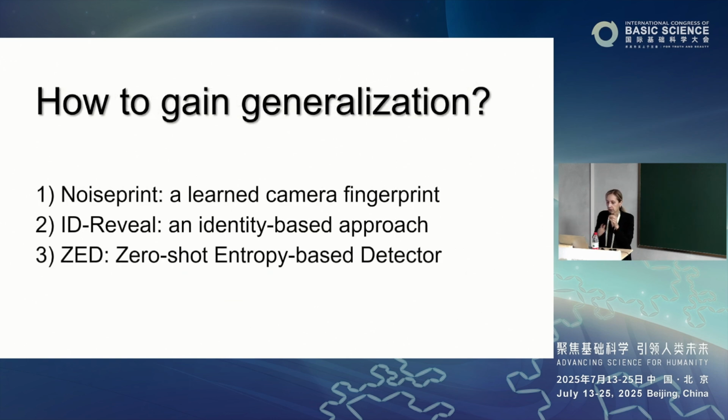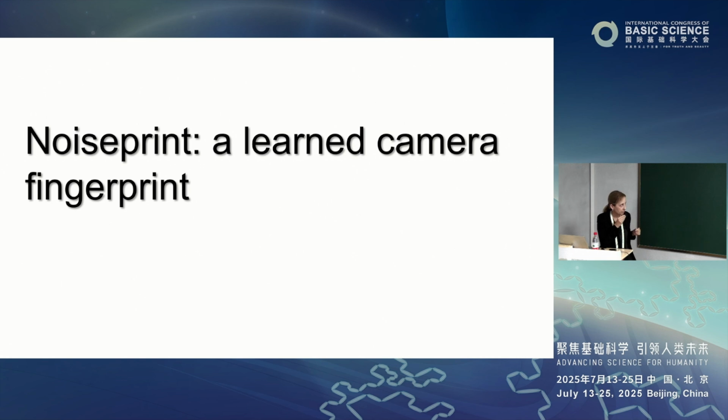And I will present to you in the second part of the talk three approaches that we have developed in the last few years: NoisePrint, ID Reveal, and Z, and I will show these methods in a moment. Okay, so let's start with the NoisePrint, which is a learned camera fingerprint.